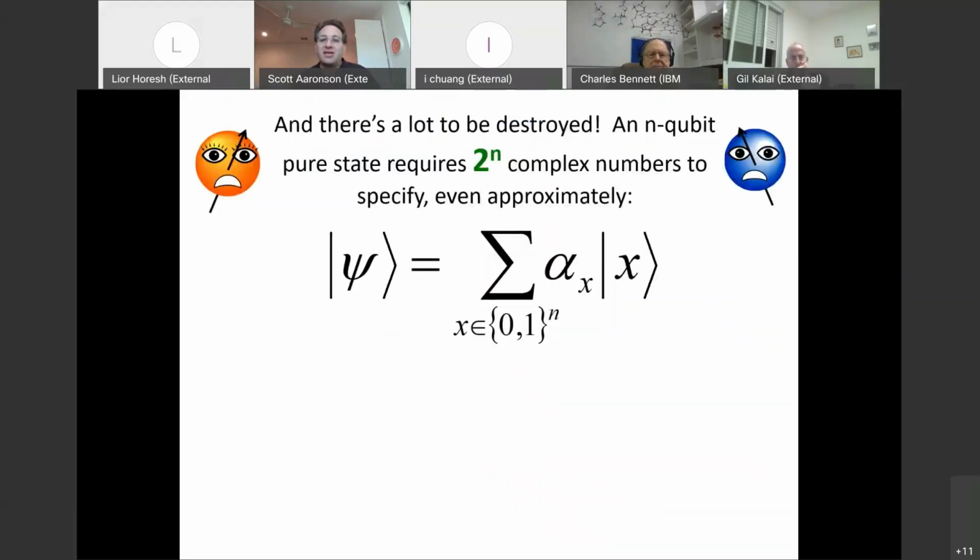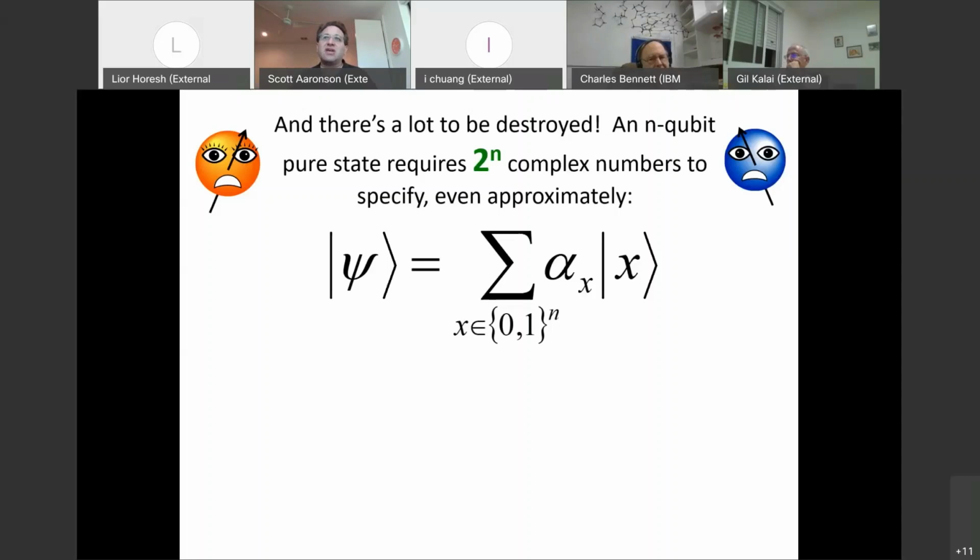Another central feature of quantum mechanics is that there is a lot there to be destroyed. If we consider a quantum state of n quantum bits, n qubits, then to specify such a state we need a list of 2^n complex numbers, 2^n amplitudes, one for every possible configuration of all n of the bits.